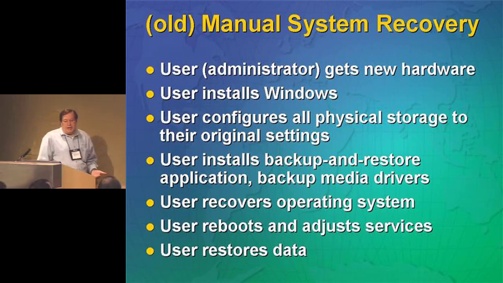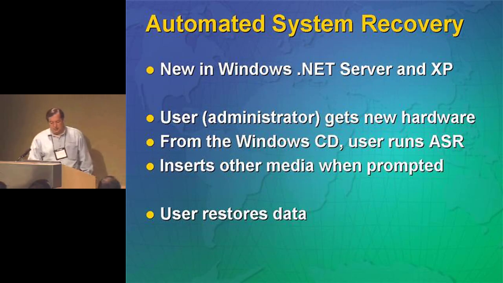He has to install the backup and restore application. He has to install the media drivers. And then he has to recover the operating system through the restore process of his backup application. Then he has to reboot. There's plug-and-play issues. He has to adjust services. DHCP needs attention. DNS is going to need attention. And finally, he restores the user data.